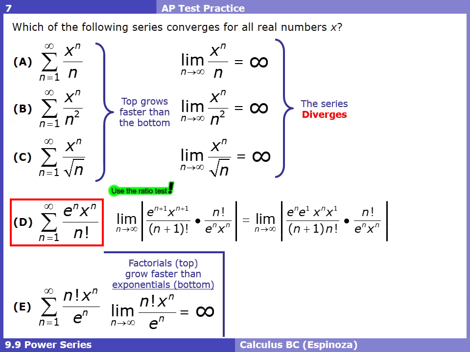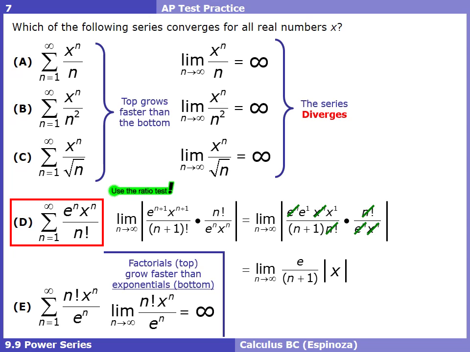Okay, so there's a lot we can simplify here. We can split up the power on the e, so it's e to the n times e to the 1. We can split up the power on the x, that's x to the n times x to the 1. And we can take our factorial here in the bottom, n plus 1 factorial, and expand it one step so that it's n plus 1 times n factorial, and you'll notice a lot of stuff cancels.